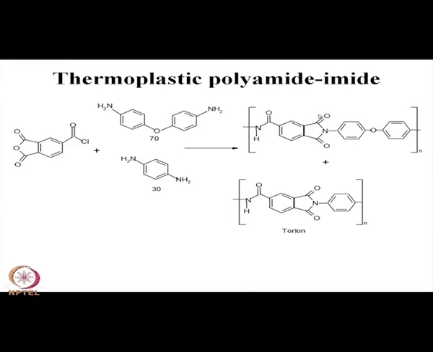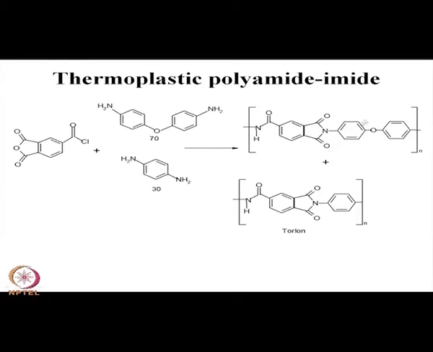Polyamide. Now, we were discussing the polyimides. Now, in one polymer backbone, one can have both imide as well as amide linkage, that is known as polyamide-imide. That gives a combination of properties of polyamides, say nylons, with the polyimides. Okay.